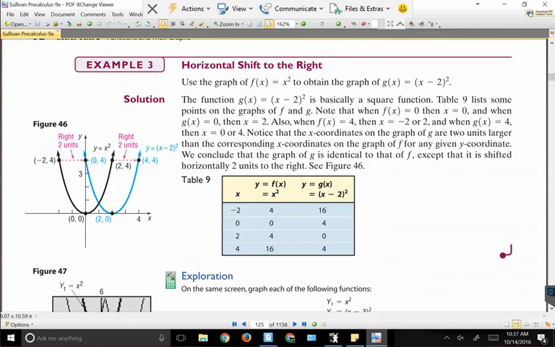So I got to deal with the 2, right? But that 2 units means it's been moved 2 units to the right. What does that really do? What did I have to do here? I got to add 2 to it, right? But if I want to do that same thing, it's the opposite in the equation. Okay?